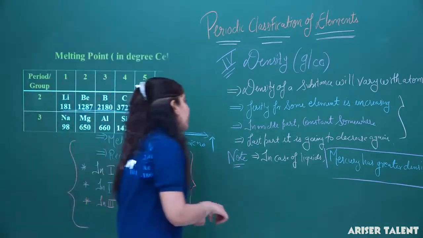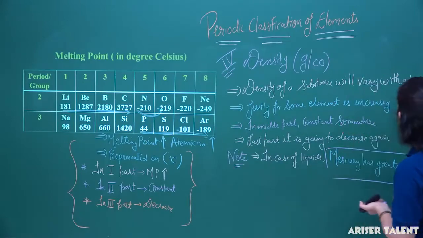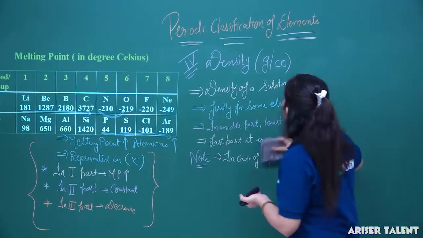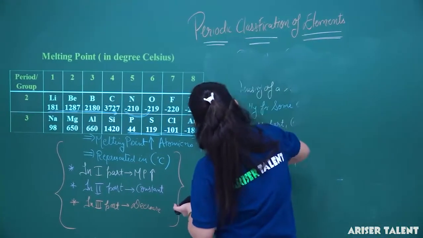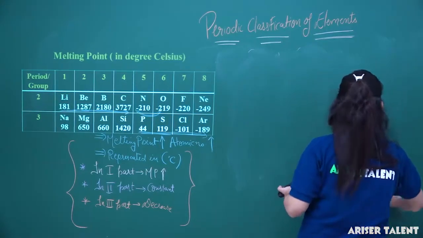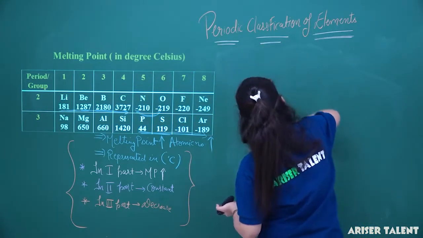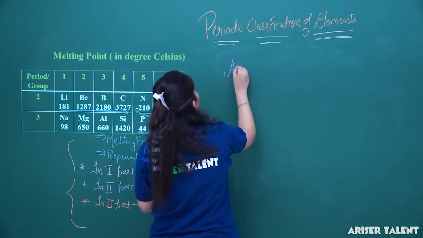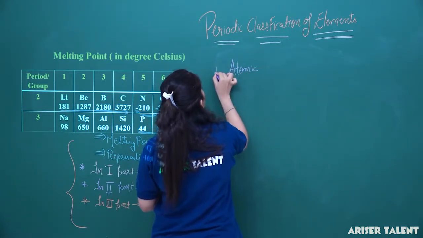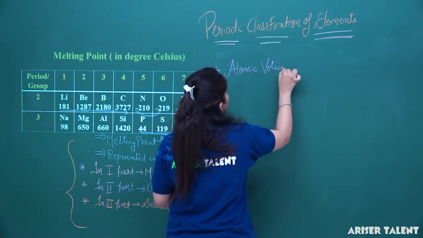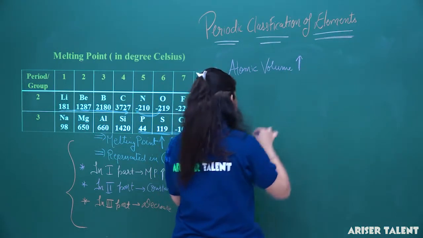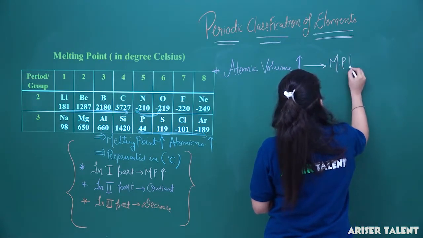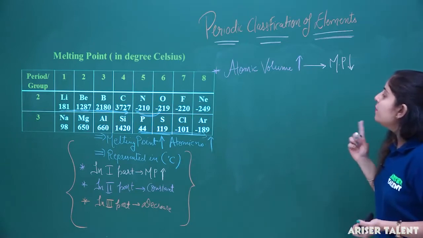Now, what more conclusion can we derive according to this melting point? If atomic volume of a substance is large, the melting point will be low, and vice versa.